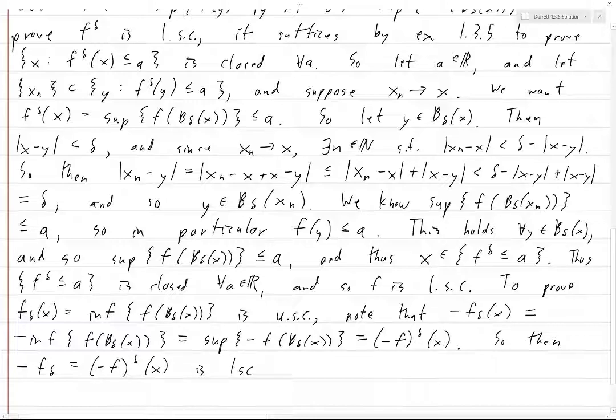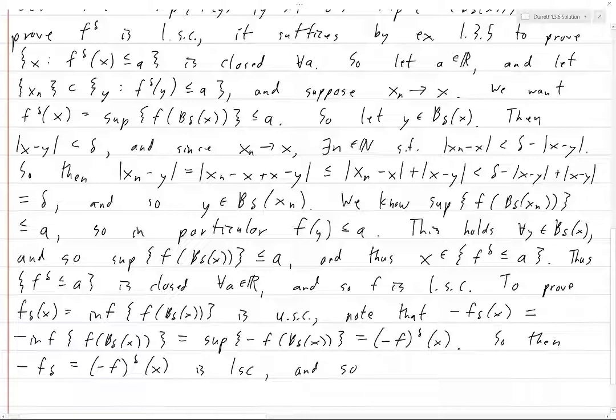Right, because if you apply the upper delta operator to any function, you get a lower semi-continuous function. So in particular, applying the upper delta operator to negative f gives you a lower semi-continuous function. And so minus f lower delta can be written as the upper delta operator applied to some function, which means that it's lower semi-continuous.